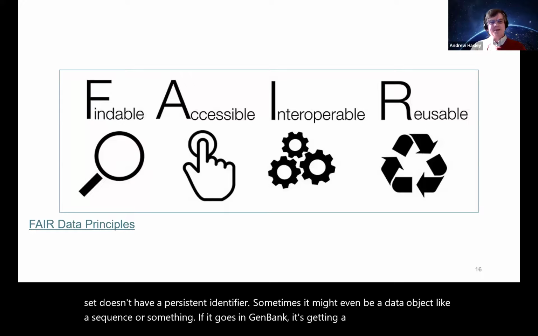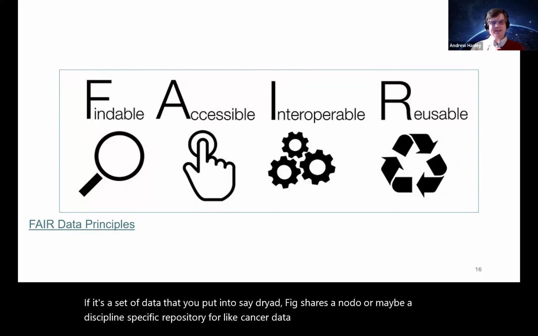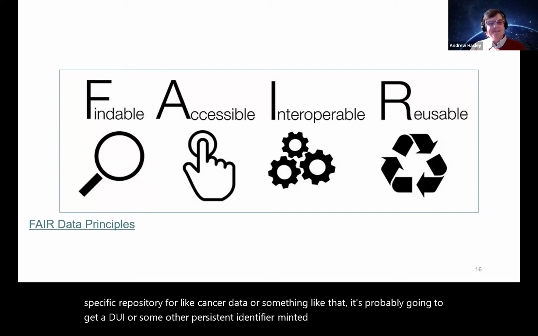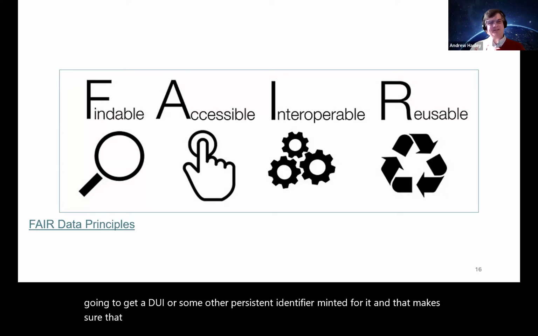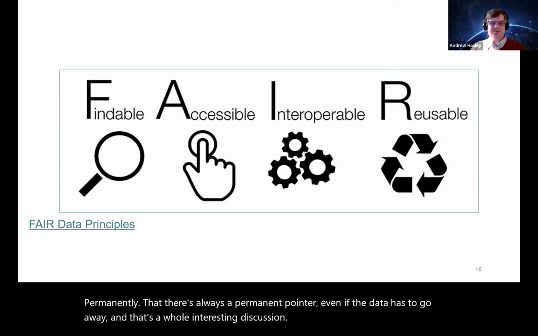If you put it into, say, Dryad, Figshare, Zenodo, or a discipline-specific repository for cancer data or something like that, it's probably going to get a DOI or some other persistent identifier minted for it. That makes sure it lives somewhere permanently, that there's always a permanent pointer, even if the data has to go away. And that's a whole interesting discussion. The pointer exists forever.